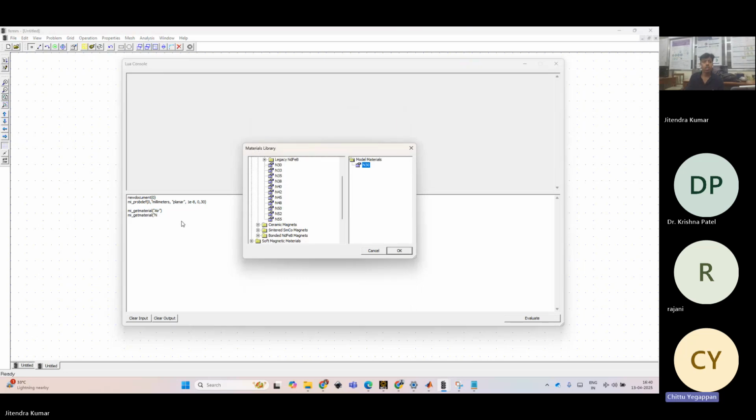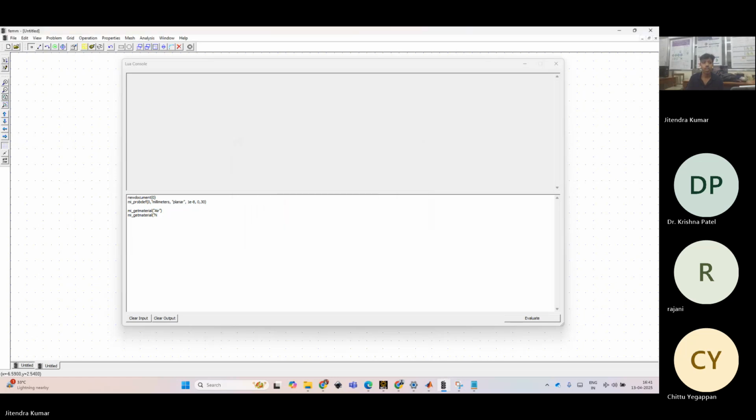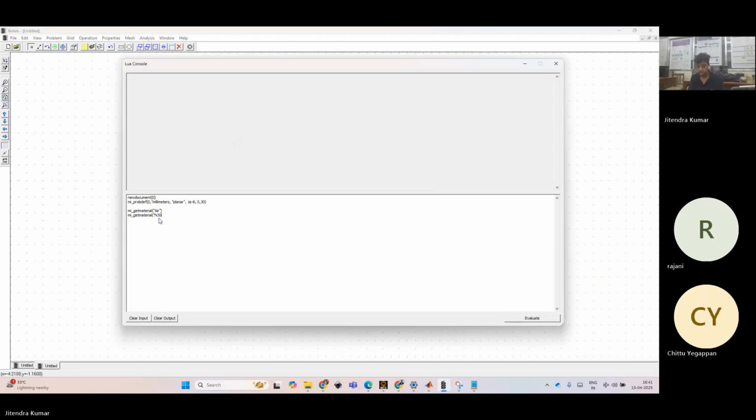Yes, sir. Okay. Now I have to write it as N30. The next thing is to draw the bar magnet.